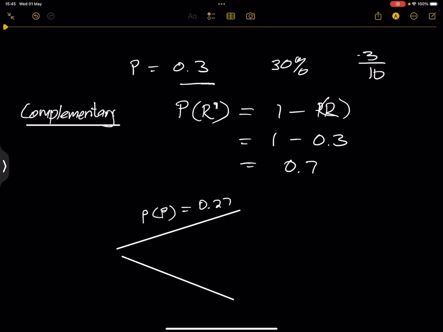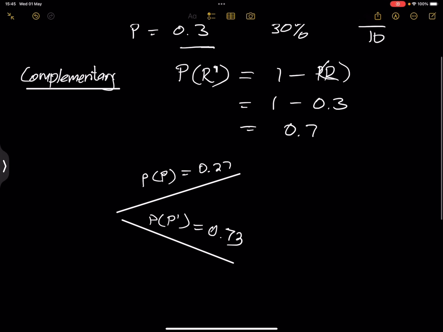Then automatically, what do we know? The chance that an orange might not be picked, so the chance of not picking, what should it be? 1 minus 0.27, and so this will be 0.73. So that is how the complementary rule works.